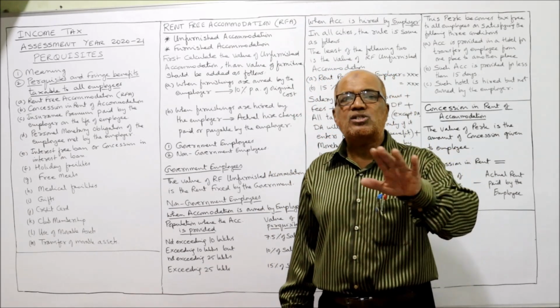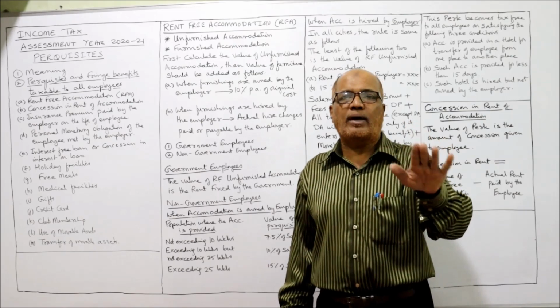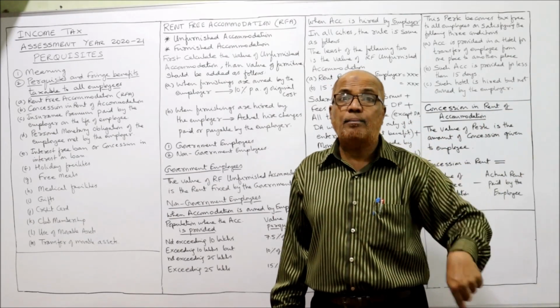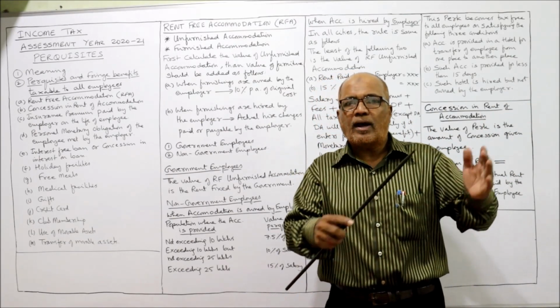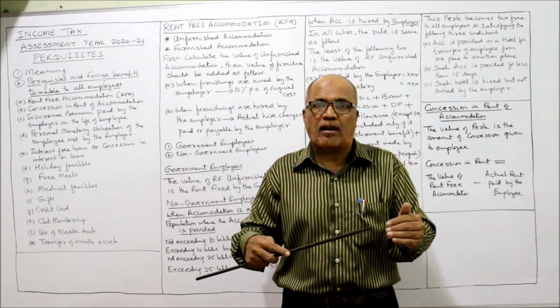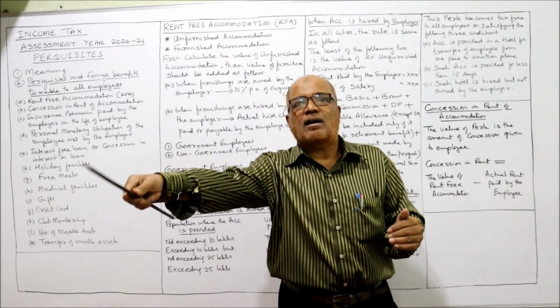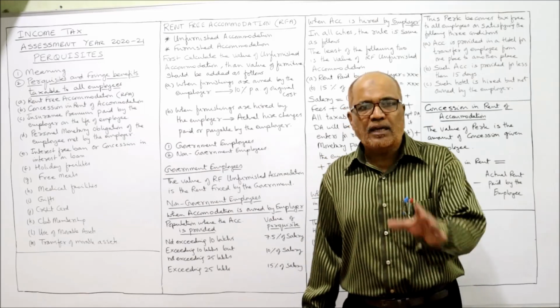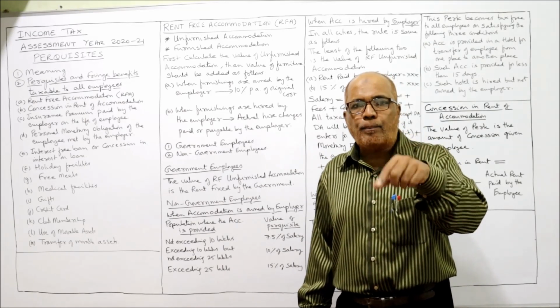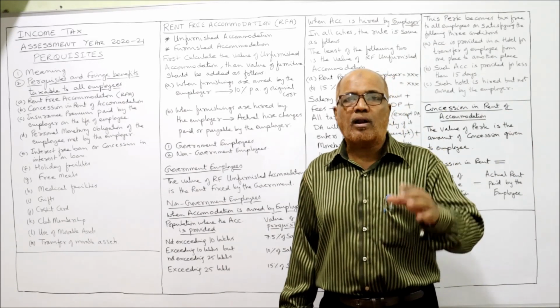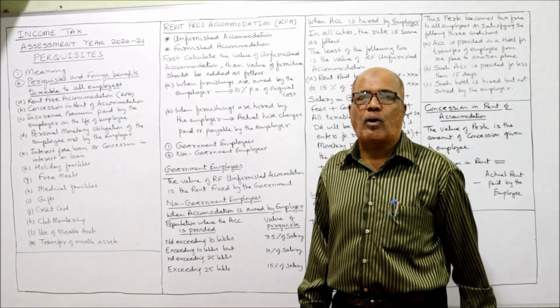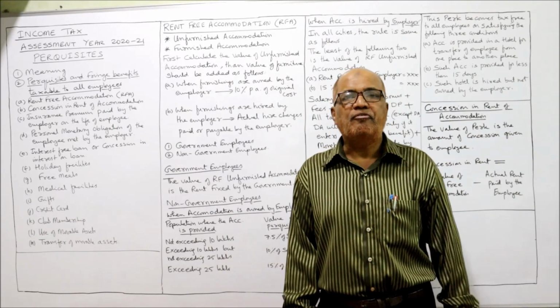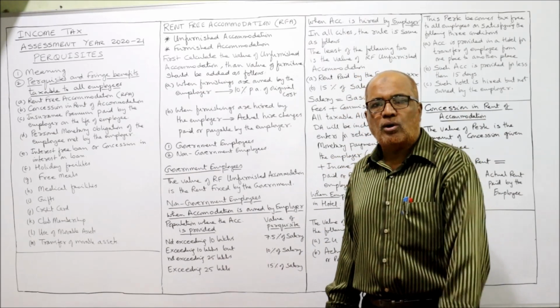Sometimes the accommodation is not owned by the employer. The accommodation is hired by the employer. The employer has taken the accommodation on hire, on rent, and given this accommodation to the employee. In that case, rent paid or payable by the employer will be added. So two things you have to see.